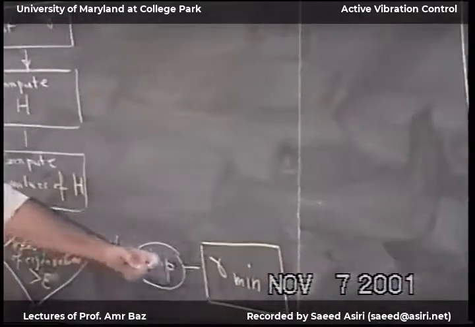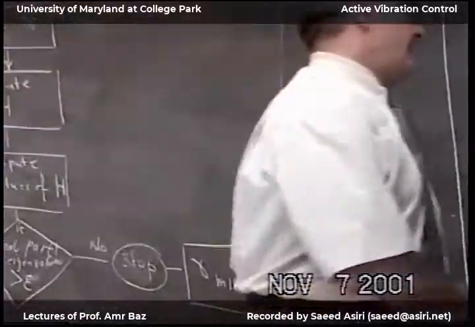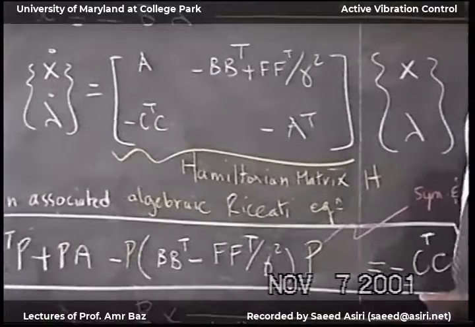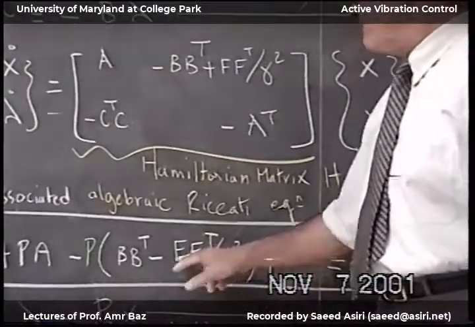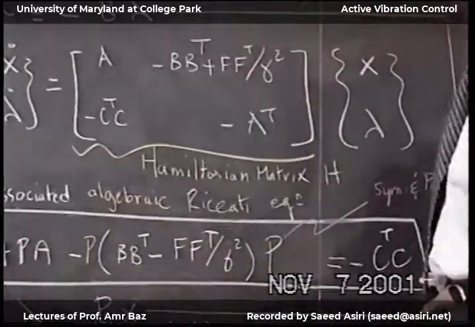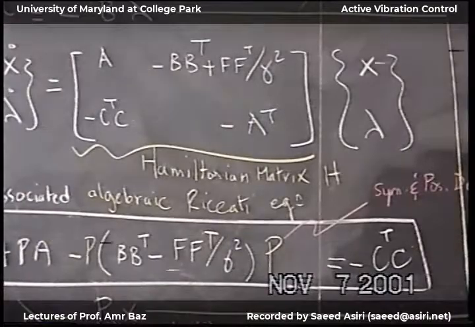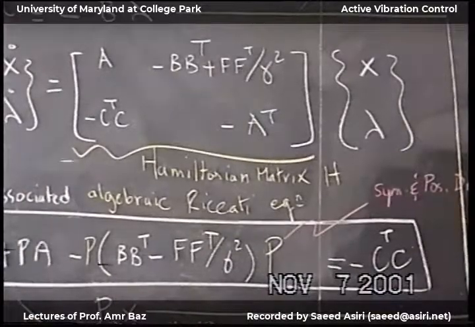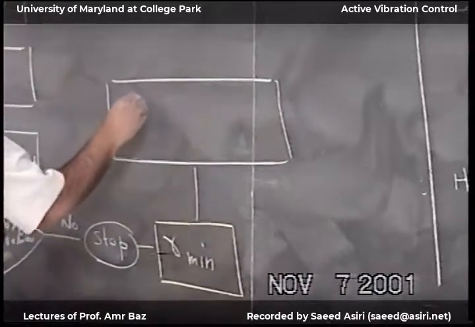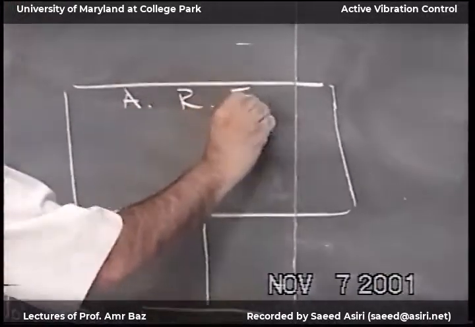Now I take gamma and I put it in this algebraic Riccati equation. We have this number, we have all these matrices. The only thing that's unknown is P, solve for P. Then now we have the algebraic Riccati equation.